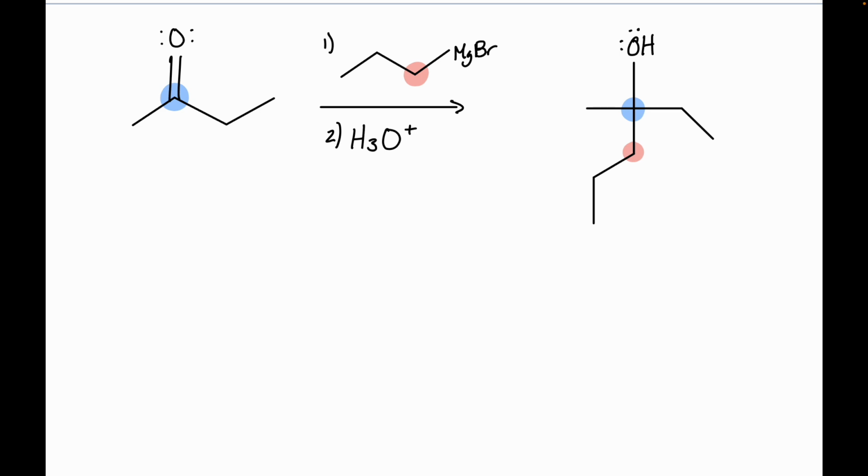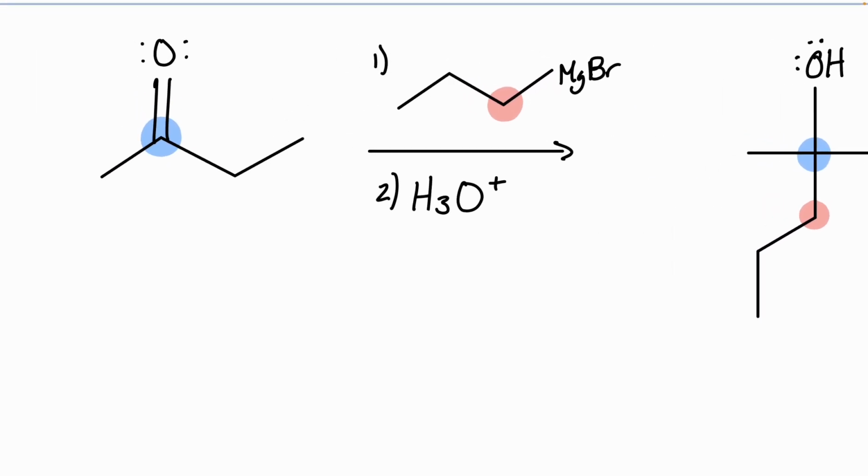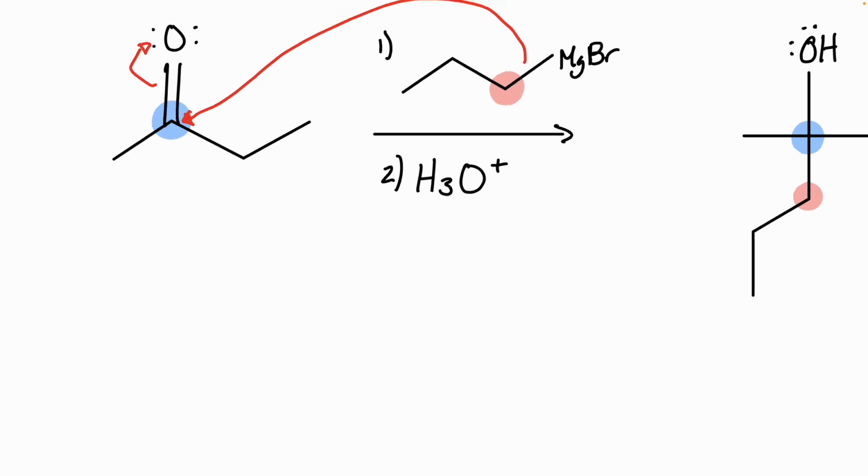If we're going to do our mechanism, the first step is that nucleophilic attack. My nucleophile attacks that electrophilic carbonyl carbon, and we kick that pair of electrons onto that oxygen atom.